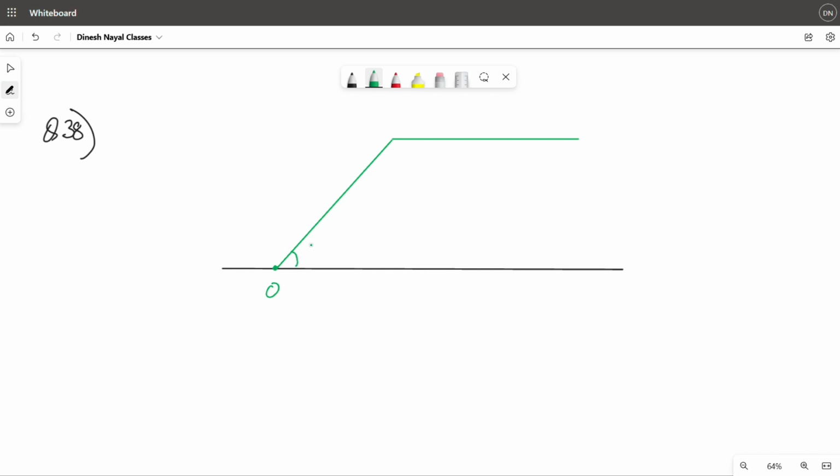Now this angle is 60 degree, and after travel, this is the height of the aeroplane. After traveling, the angle of elevation now changes to 45 degree.